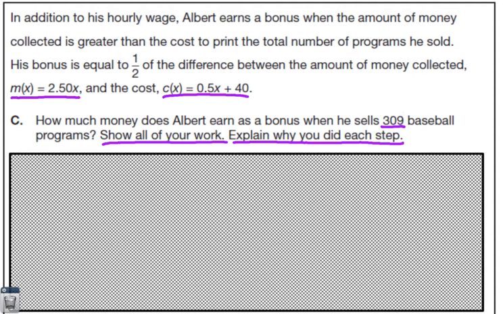So a quick layout of the strategy would be, we have to use the 309 to figure out how much money was collected from this equation, but also the cost by plugging into this equation. And then we're going to need to find the difference between those two amounts, and then find out what half of that is.